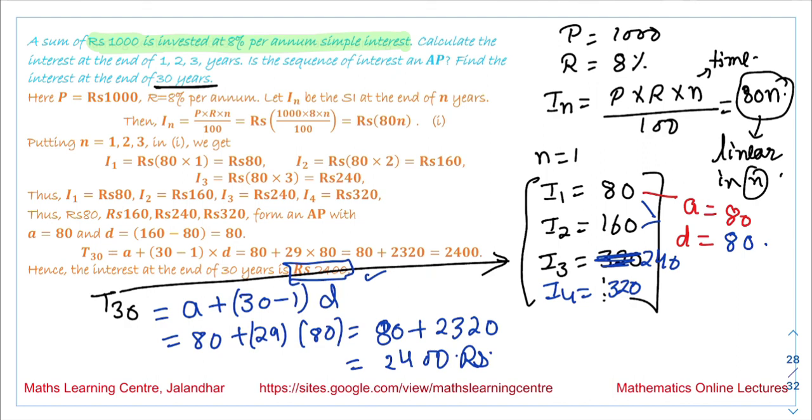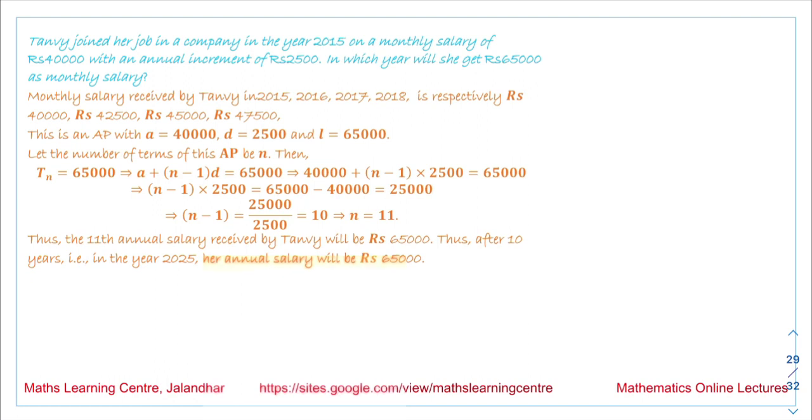Next is, Tanvi joined her job in a company in the year 2015 on a monthly salary of rupees 40,000 with an annual increment of 2500. In which year will she get rupees 65,000 as monthly salary?